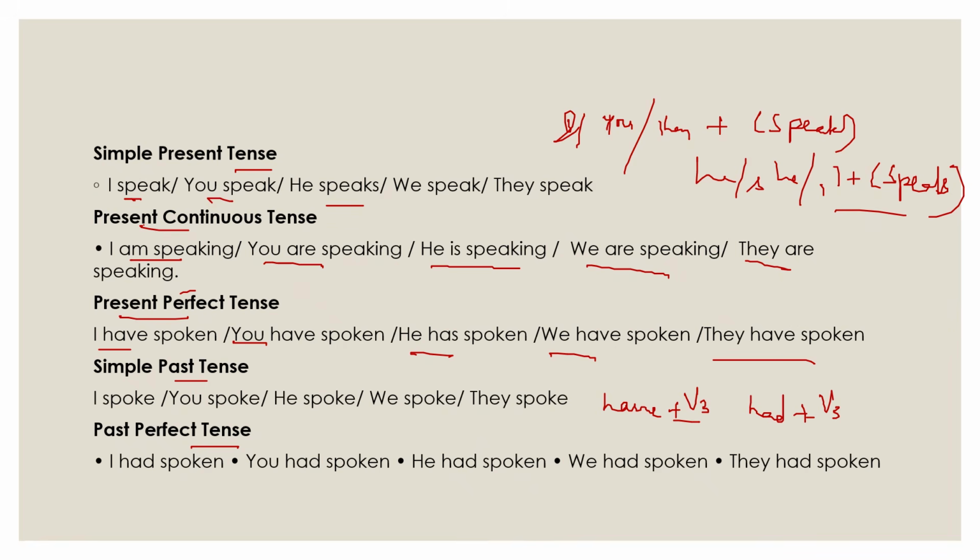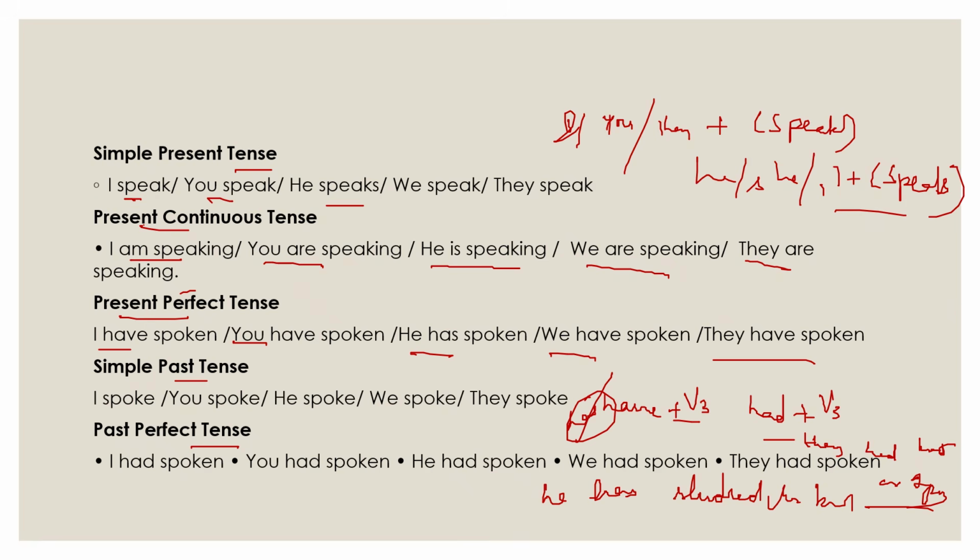Here in the present tense you can have has or have, depending on the pronoun, whether it is plural or singular. If it is singular, he has studied this book. If it is plural, they had breakfast at 1 p.m. Okay, that's it. Next slide.